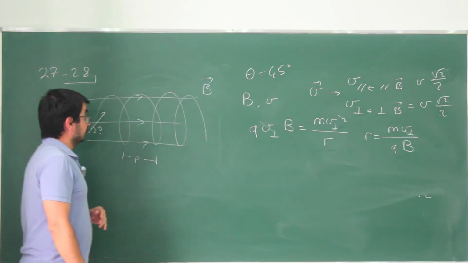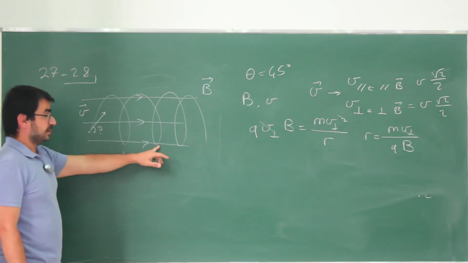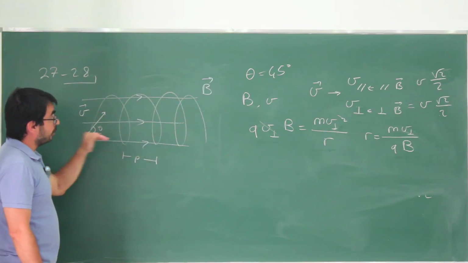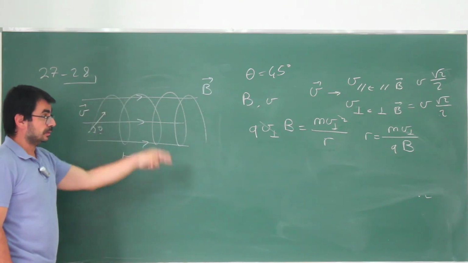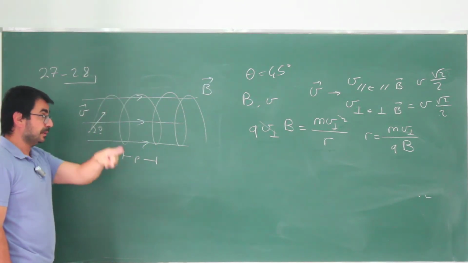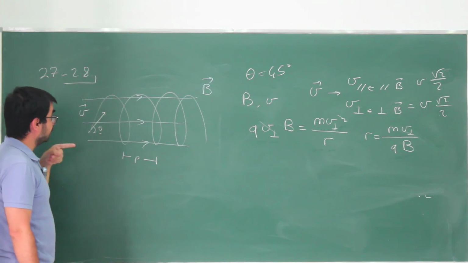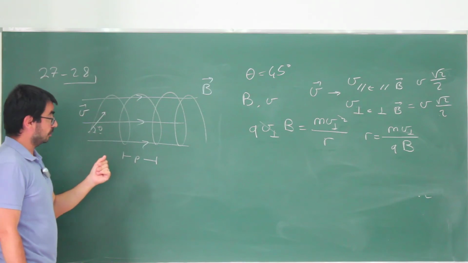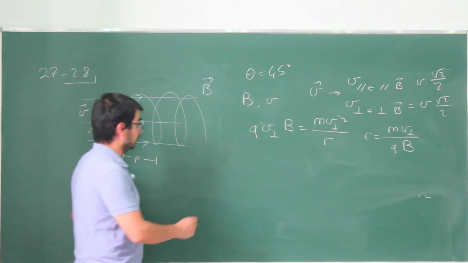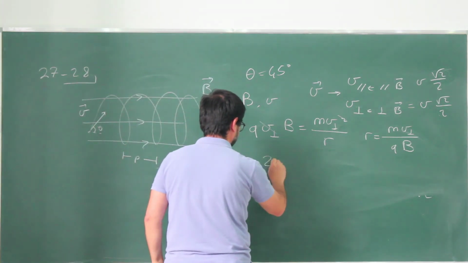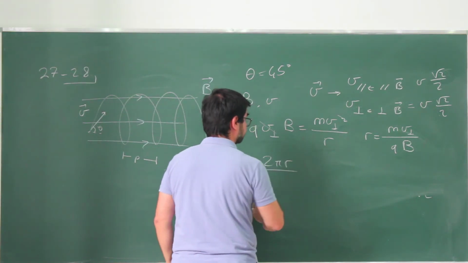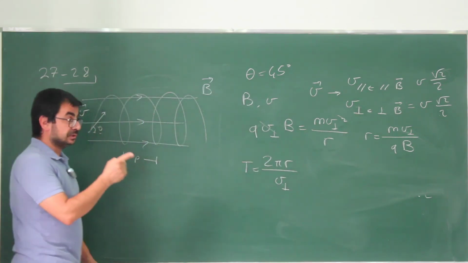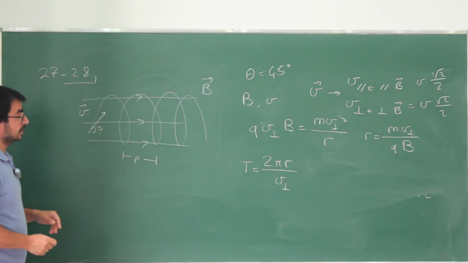Okay? Then in the second part, they are asking for this pitch distance. So this pitch distance is the distance it travels along the magnetic field as it goes around in one circle. So we need to calculate the period of the circle and then multiply it by the parallel component of velocity to calculate this distance that it travels as it goes around in one circle. So the period is going to be the circumference, 2 pi r, divided by the velocity. So that's going to be v_t. The direction of this velocity changes, but the magnitude does not change.